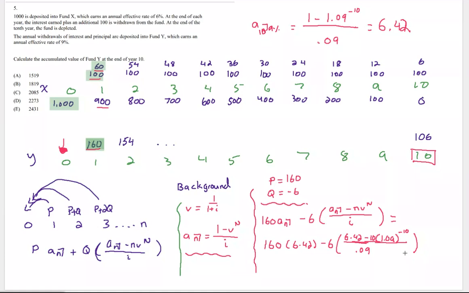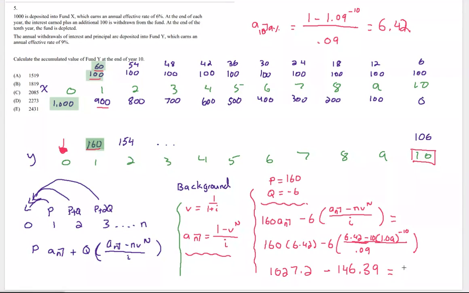So 6.42 minus 10 times 1.09 to the -10, divided by 0.09, times -6. Okay, so all of this becomes minus 146.39. And 160 times 6.42 equals this. Okay, great. So let's subtract it and get what we get.